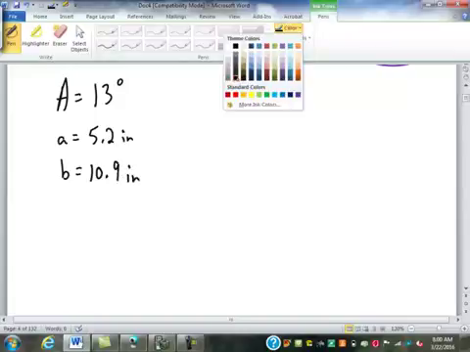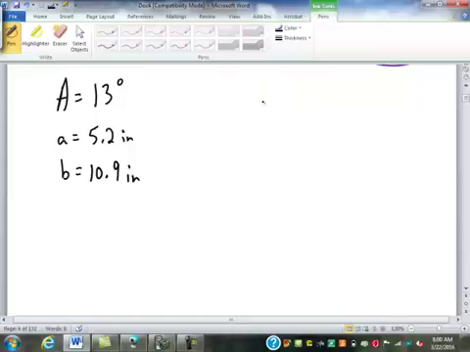When we're given something like this, this is the angle and its opposite side, right? A and a. The other side is longer than the side that's opposite the angle. So here's where we end up with the danger.